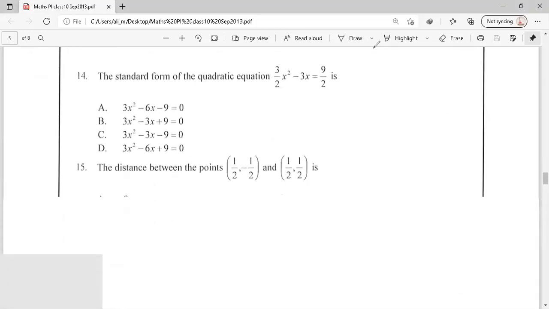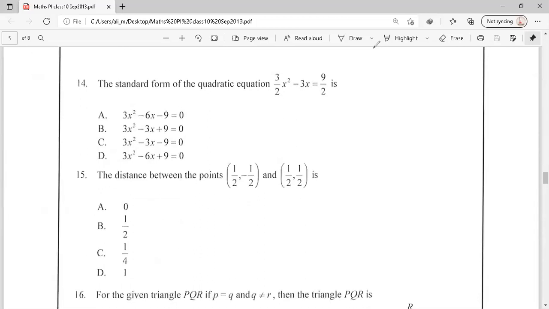Then let's move to our question number 14. In this question, we have a quadratic equation and we have to simplify it in its standard form. So 3 over 2 x square minus 3x equals 9 over 2. So let's multiply this whole equation by 2 to cancel out the denominator.